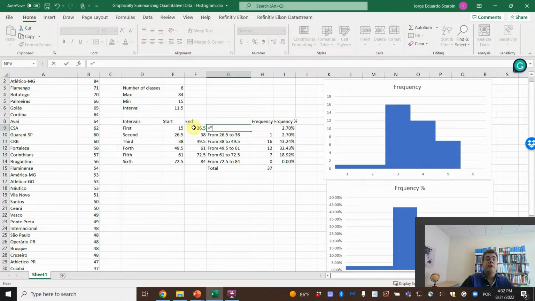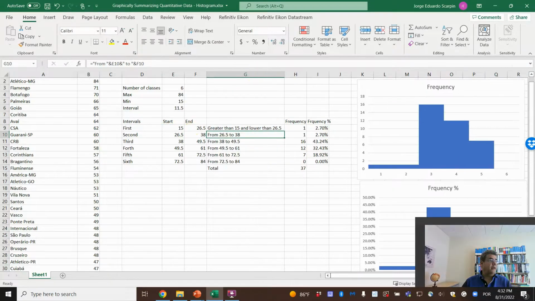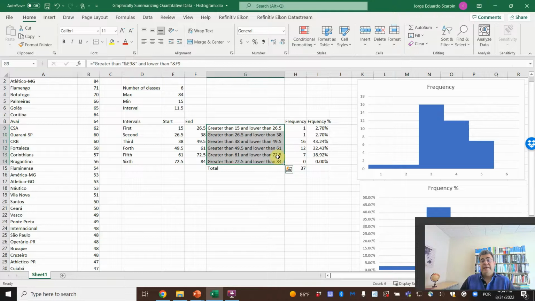Equal, double quote, greater than, space, double quote, and so greater than 15, and space, and lower than, space, double quote. So greater than 15, lower than 26. And we copy and paste, and we have them.